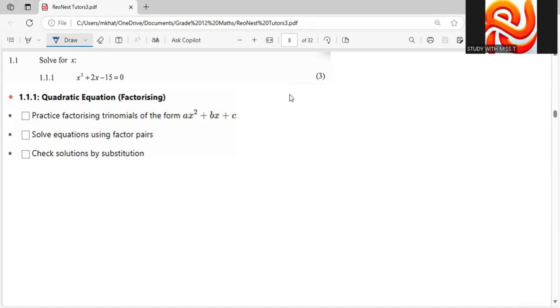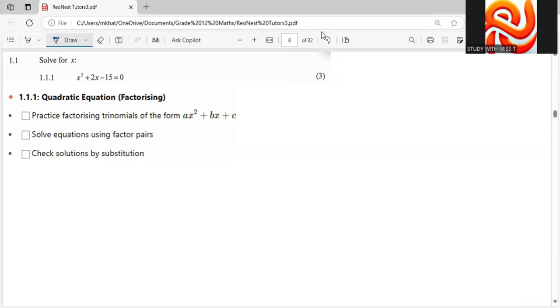You need to practice your factorizing, and you need to be able to solve your equations using the factor pairs. Then after that, you check for solutions by substitution, which is another stage that you can do just to verify if your answers are right. You do it not on the paper, but on the side.